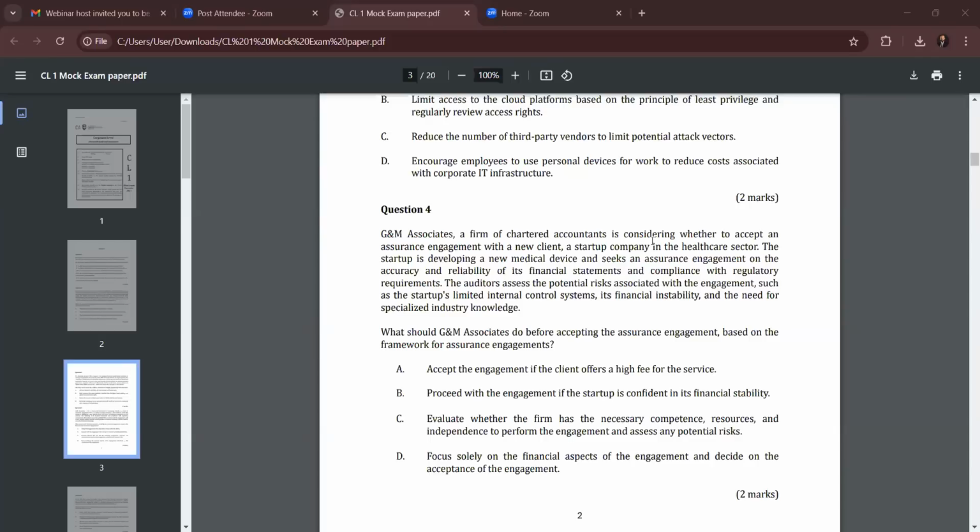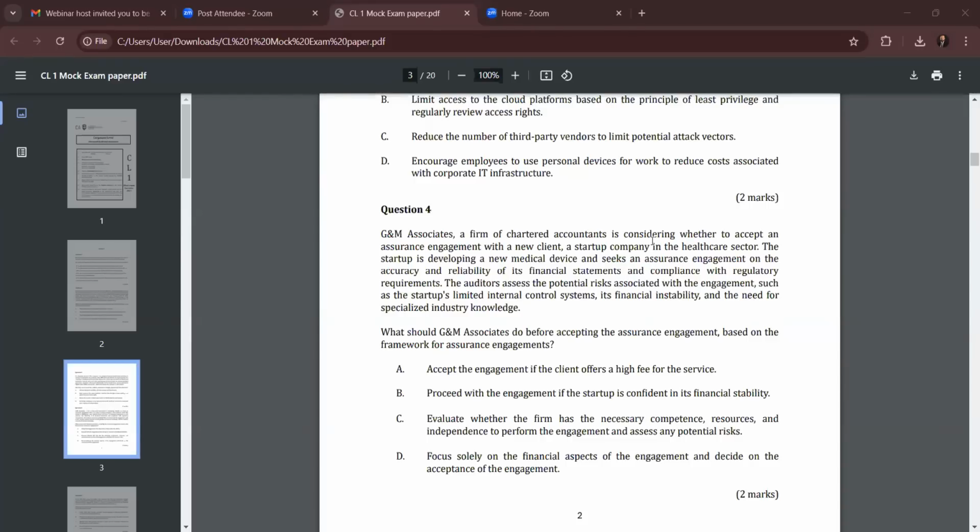So it's a startup company. So no historical financial statements, last year accounts, last 3 years accounts are available. So most of their information is based on projected forecasts, based on the research they have done, right? Projected income.